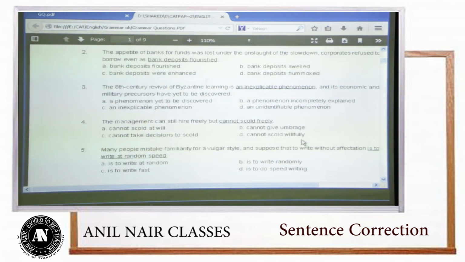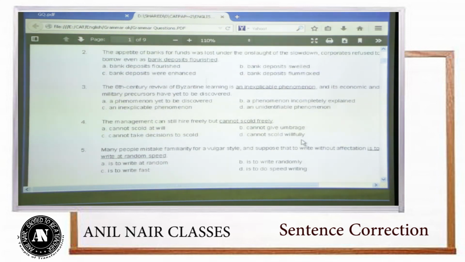So remember that whenever you are talking about the usage of words in context, in sentence correction your best hint is taken from the other words which accompany it in the sentence.